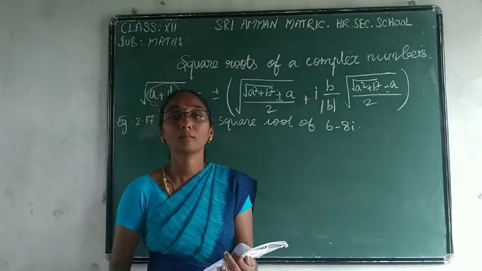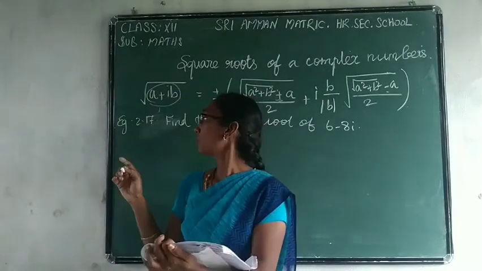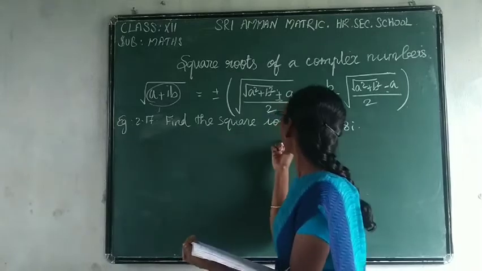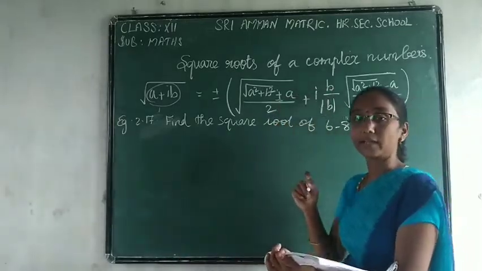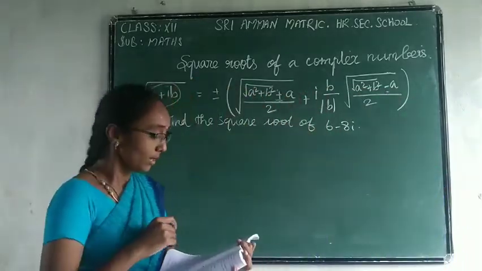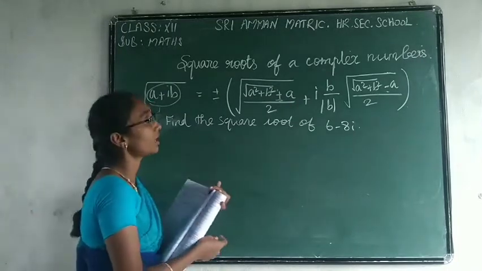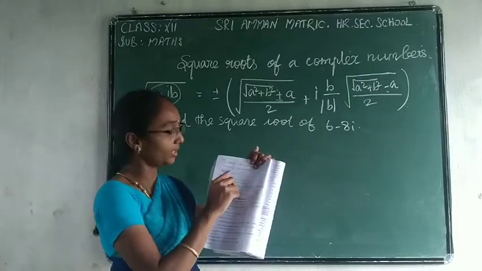Now you see example 2.17. Find the square root of 6 minus 8i. One piece of information: in your book you have to see the note.